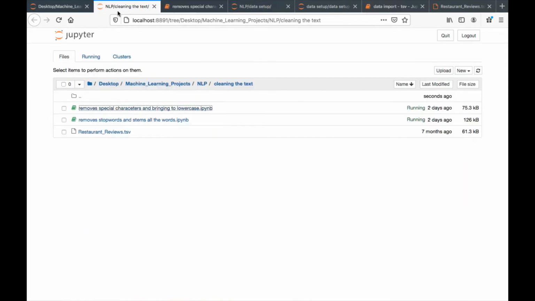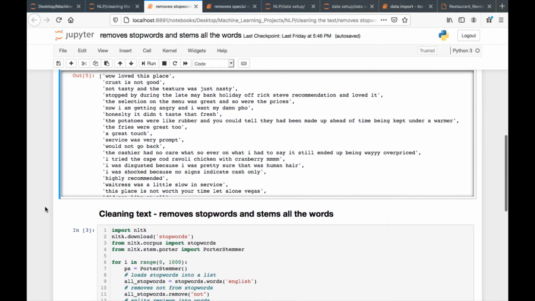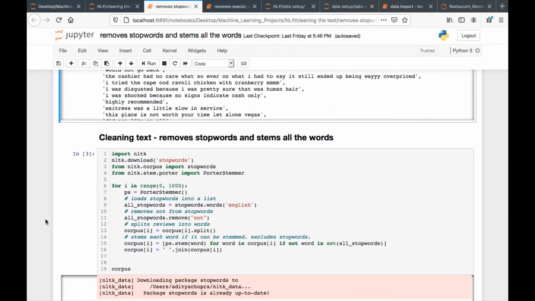All right, next part in the cleaning process is to handle stop words and to stem the words. Stop words are basically words which do not contribute to the meaning of the sentence or the sentiment of the sentence. Stop words like the, and, these are words which do not convey any meaning or emotion about the sentiment of the review.